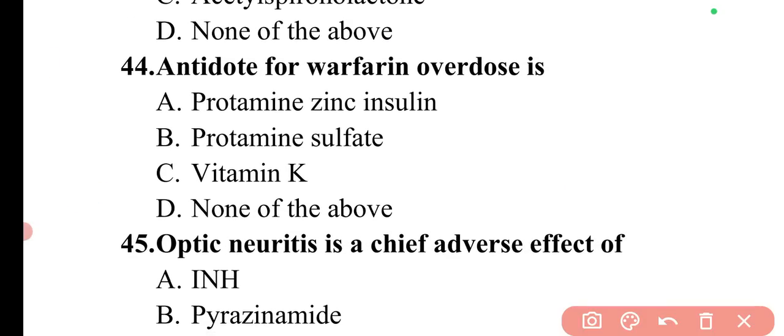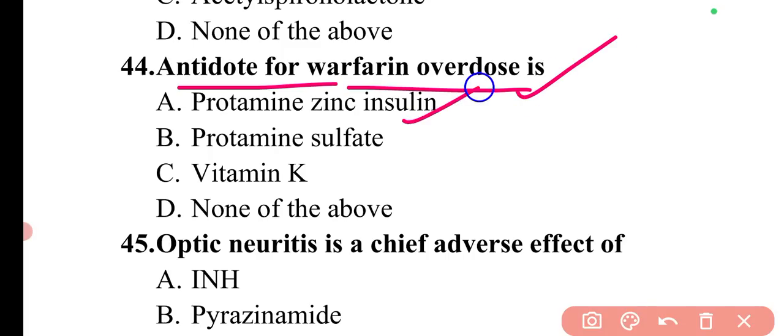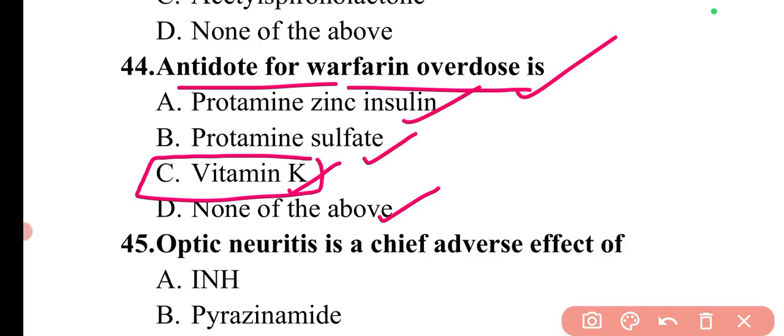Next question is, antidote for warfarin overdose is, options are protamine zinc insulin, protamine sulfate, vitamin K, or none of the above. The correct answer is option number C, vitamin K.